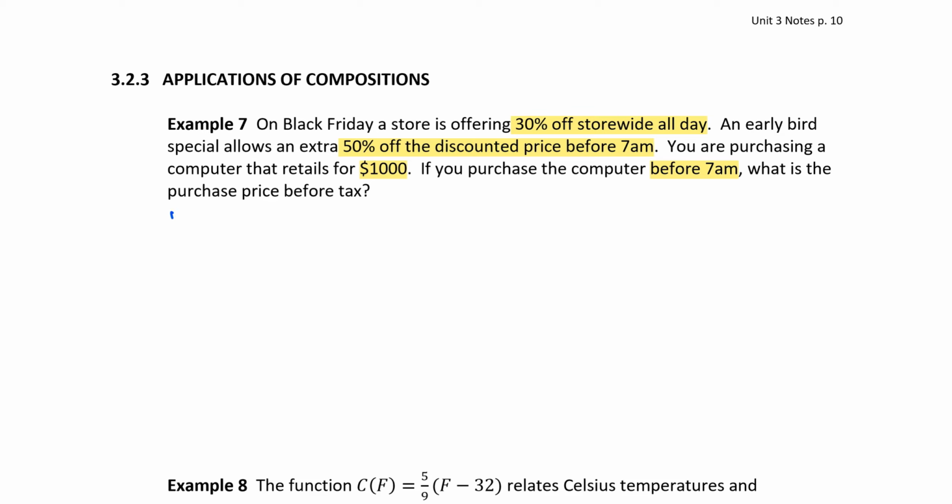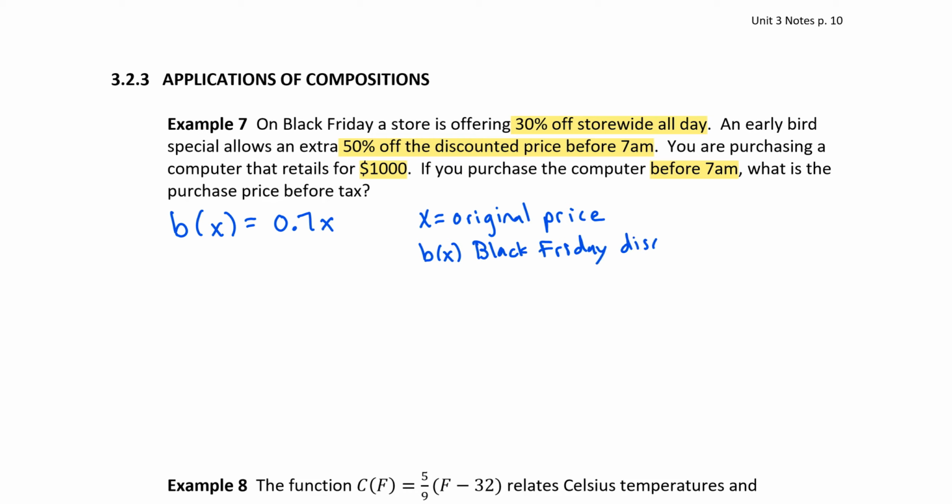So let's say our Black Friday function, we'll call it B of x for Black Friday, where x is the price of some item, is going to be 0.7x, or 70% of x. So in this case, x is the original price, and B of x represents the Black Friday discount price.